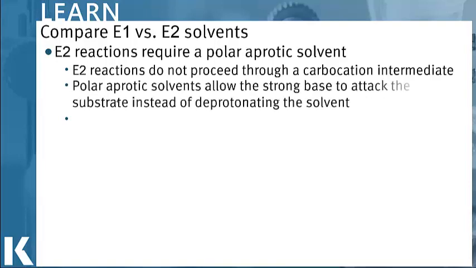When we look at an E2 reaction, polar aprotic solvents allow the strong base that is necessary for an E2 reaction to attack the substrate instead of deprotonating the solvent. If we used a polar protic solvent, the strong base would react with the solvent and not with the substrate, and this is not what we want.